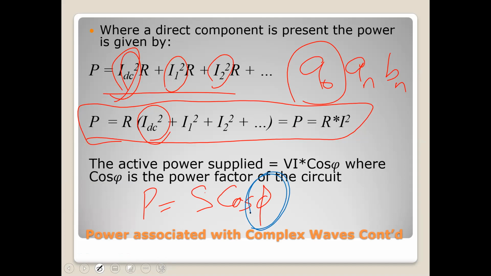But this particular phi would be the overall phase angle for the circuit. So cos phi of that angle would be the power factor of the circuit. S here would be VI, and of course the power factor cos phi. So we're going back to what we would have done in AC circuits. Okay?